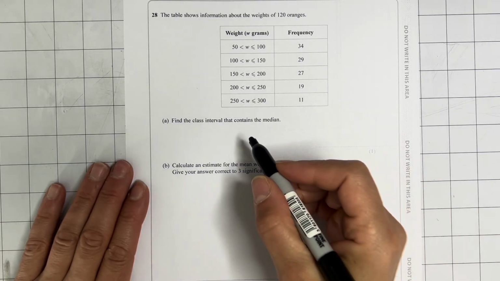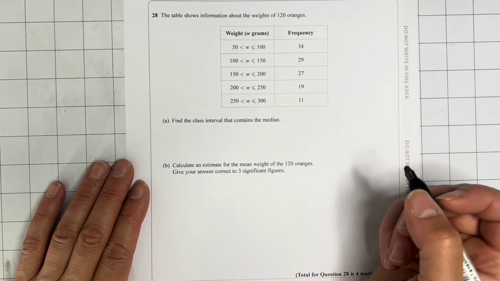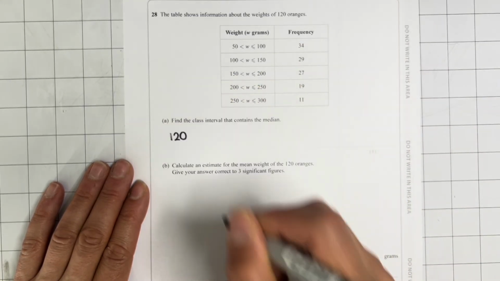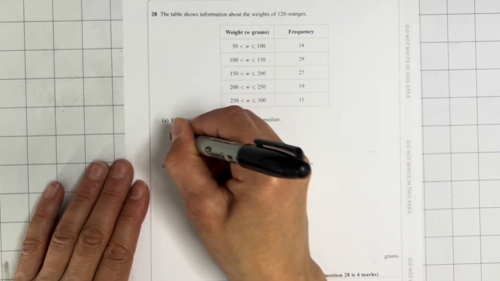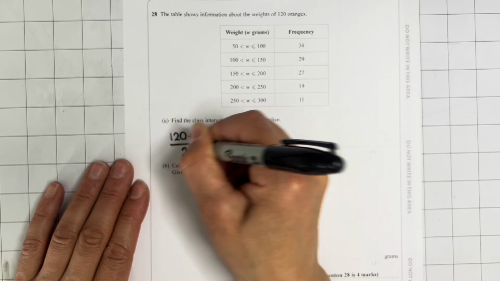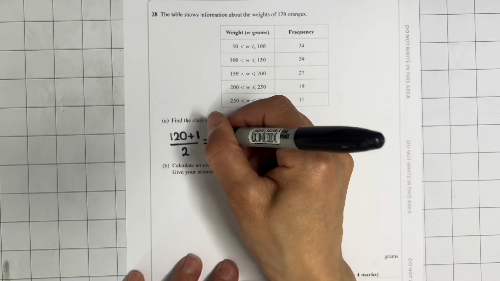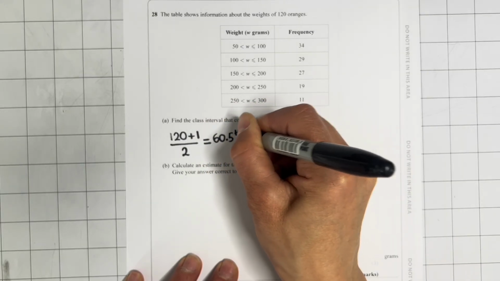So first of all, we're asked to find the class interval that contains the median. And we know we've got 120 observations. So we're looking for 120 plus 1 divided by 2, which gives us the 60.5th observation.